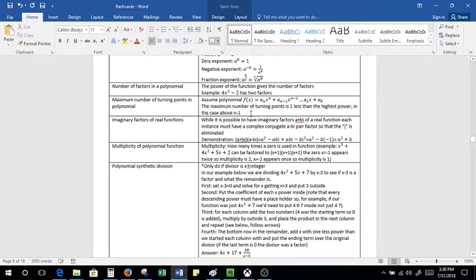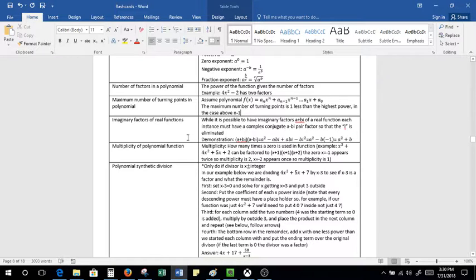So the max number of turning points is 1 less than the highest power, in the case above n minus 1. So if the power is 12, then the maximum number of turning points we could have is 11.